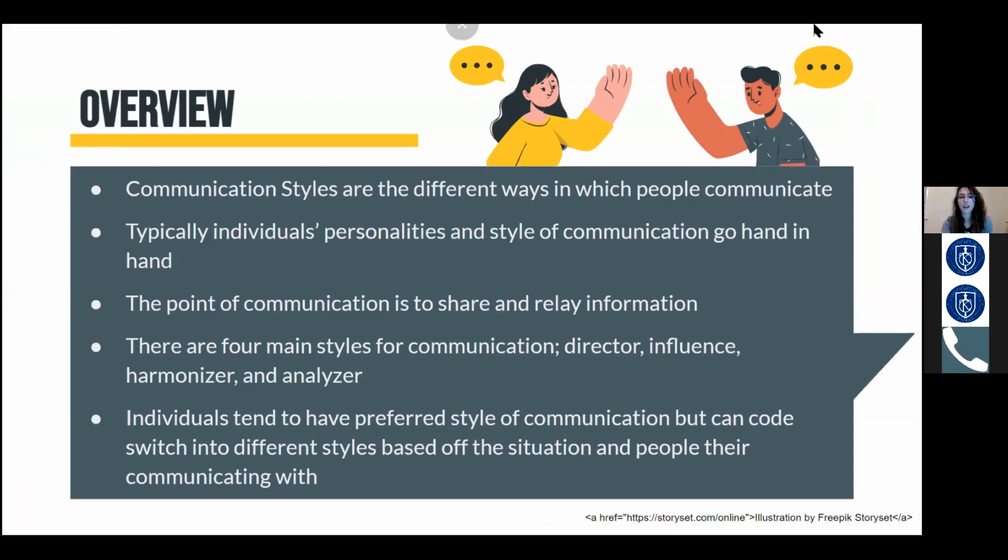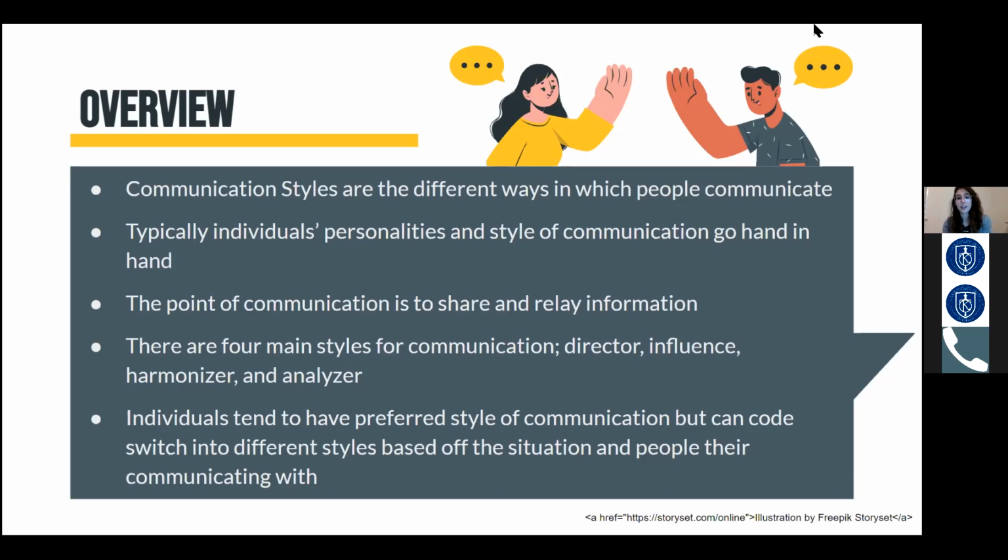Communication styles are the ways in which people communicate. Typically, individuals' personalities connect with their way of communicating. Some people might be on the shy side, so they might not be strong communicators, or they're very extroverted and outgoing, so they might be more open about who they are in how they communicate.